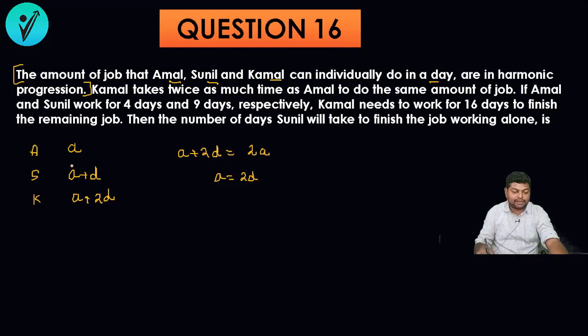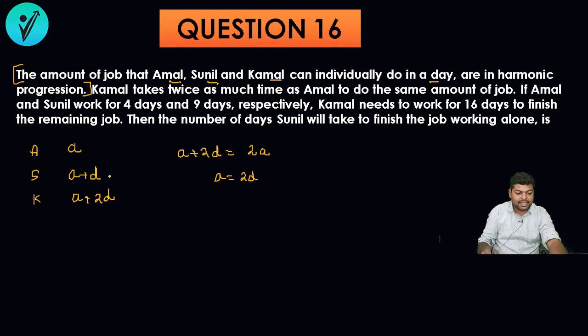So let's convert them into one variable, replacing A with D terms. Kamal takes twice as much time as Amal, so A plus 2D should be 2A. When we simplify it, A equals 2D.